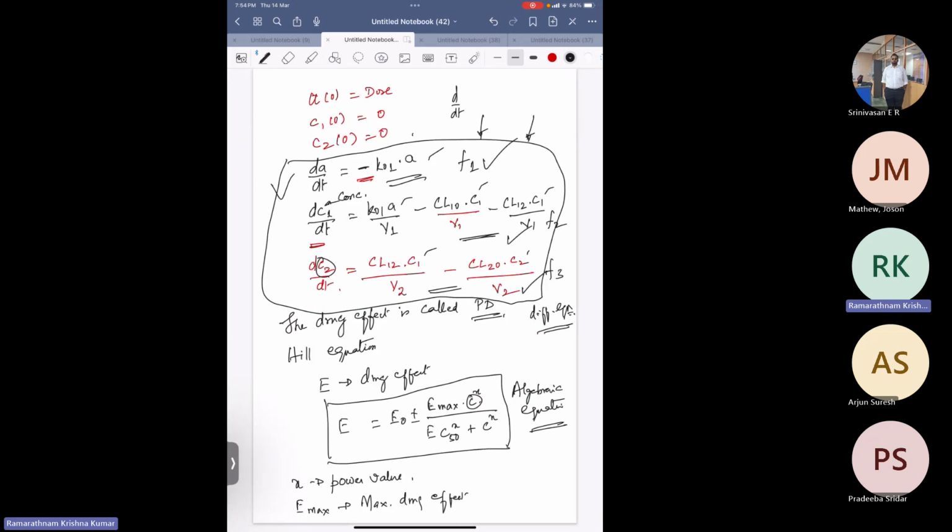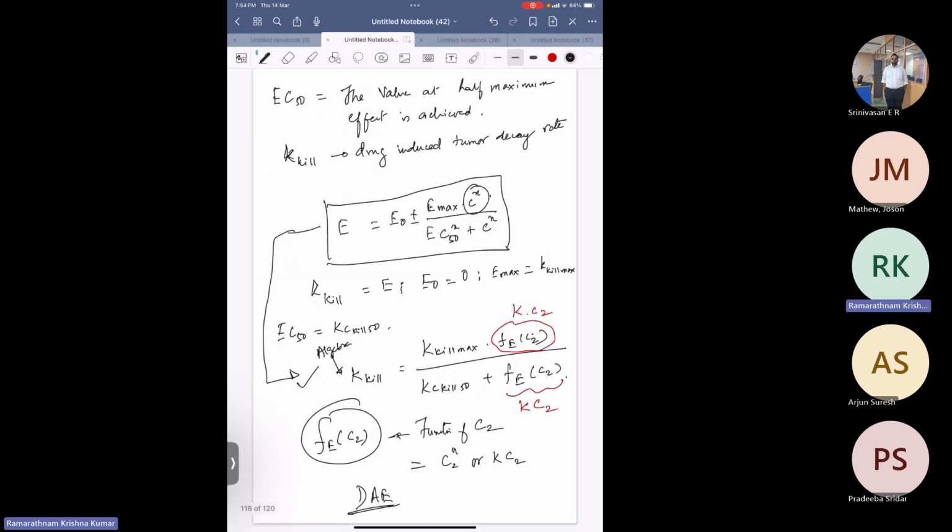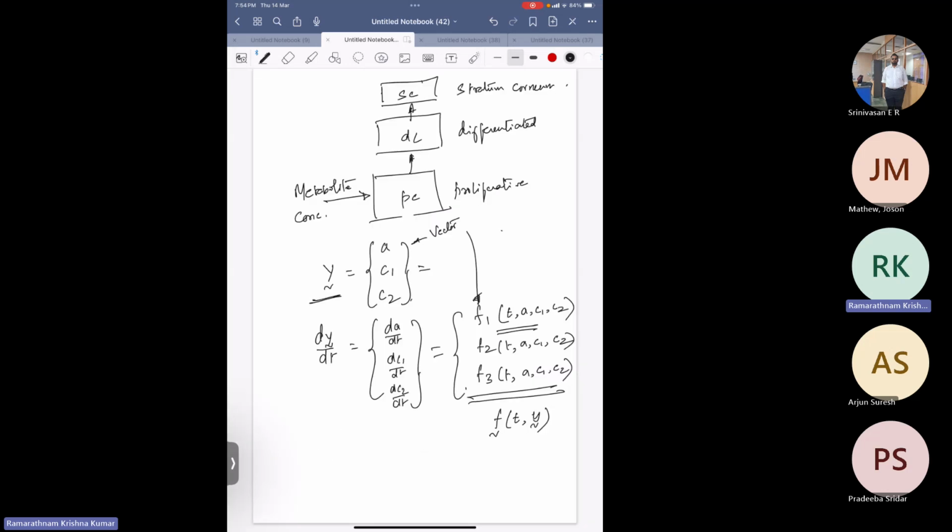No one writes it like this fully. Once I write it, I will just simplify it. So can I write all the three equations like this? Right? Yes, sir. That's all.